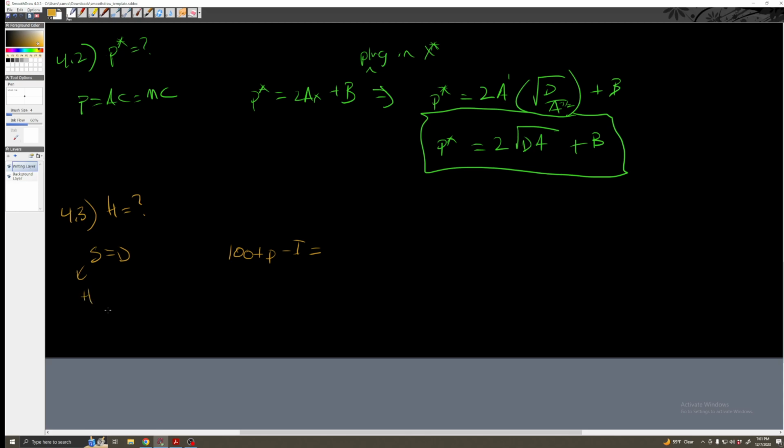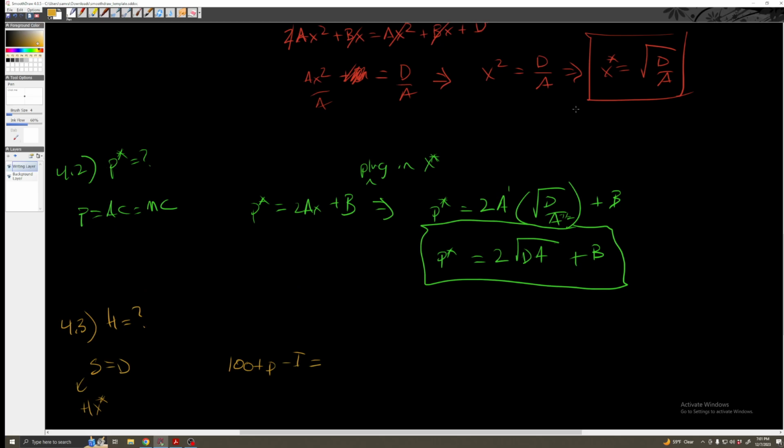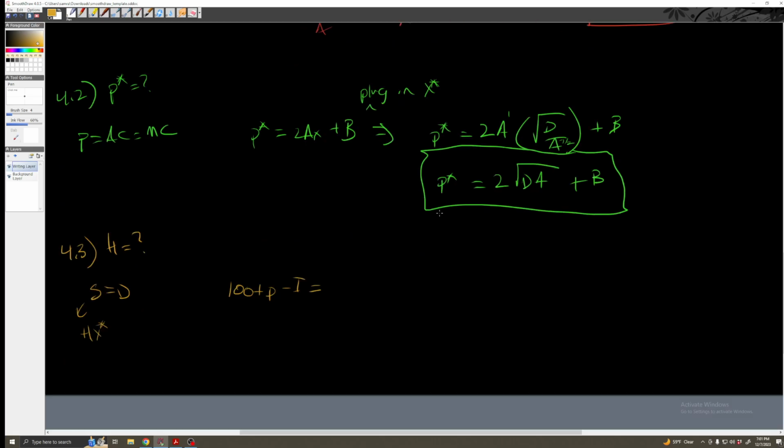It's the number of firms times how much each individual firm supplies. We've already solved for the profit-maximizing quantity for each firm as a function of these exogenous parameters, so we can plug that in too. This is equal to H times the square root of d over a.